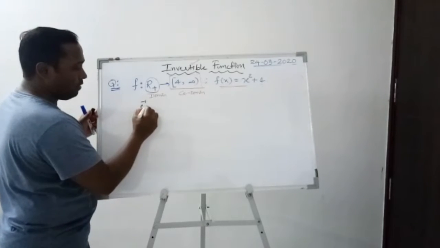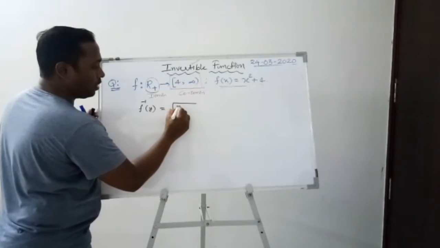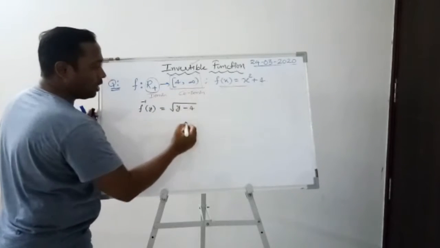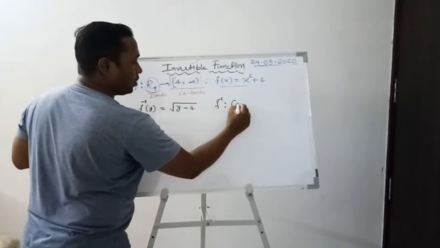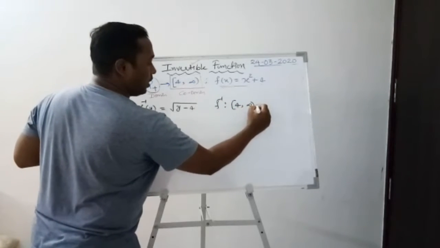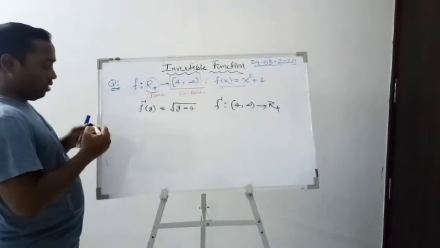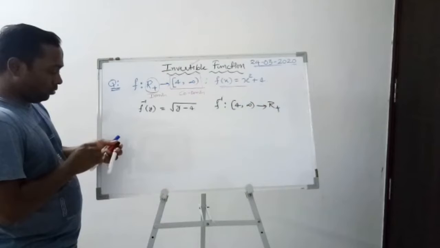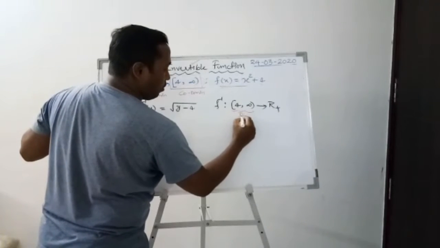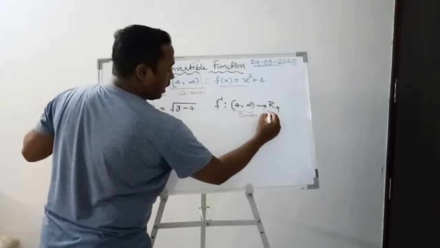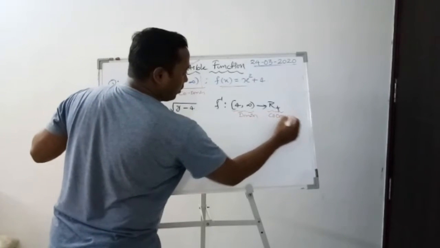That is, f inverse y is given as under root of y minus 4, where f inverse is a function defined from 4 to infinity to the positive real numbers. So if you observe the inverse function, 4 to infinity is the domain of the inverse function, and R plus is the codomain of the inverse function.